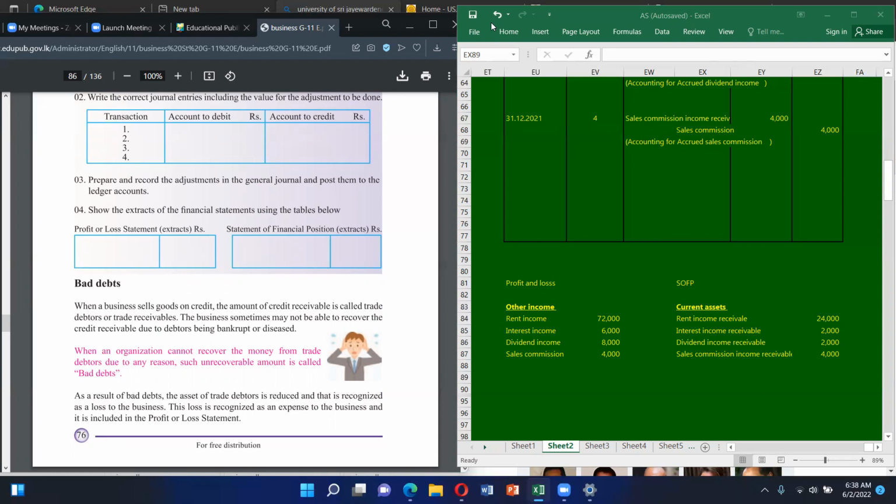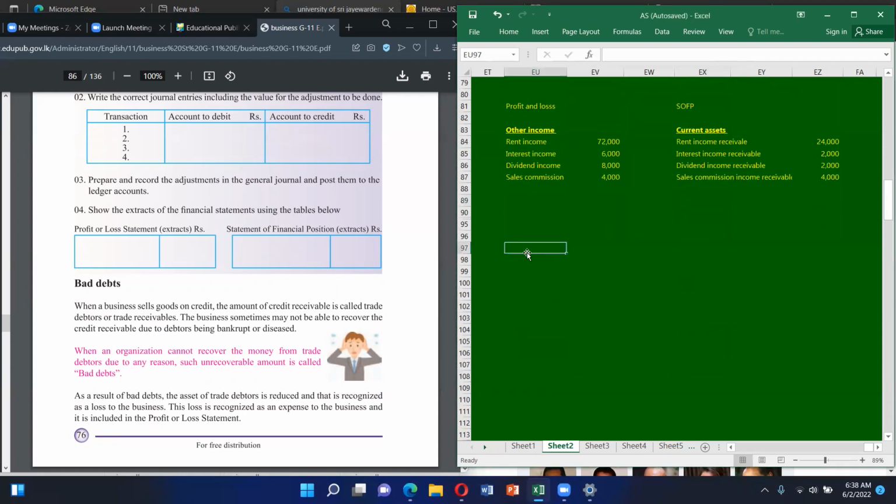Sandinsa, what's the double entry for credit sales? Tarini?